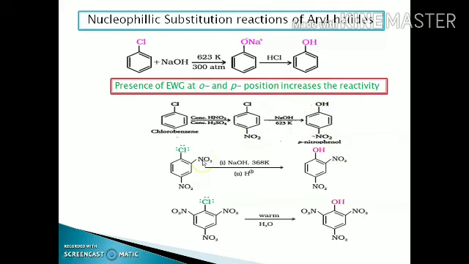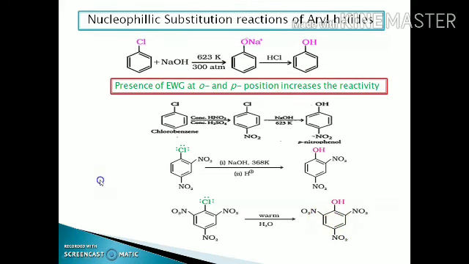Similarly, if the electron withdrawing group is present at both ortho and para positions, the nucleophilic substitution reaction becomes faster compared to normal, and it will give you ortho-para dinitrophenol. And if three electron withdrawing groups are present, the reaction becomes even faster, and it will give you 2,4,6-trinitrophenol, or it is called picric acid.